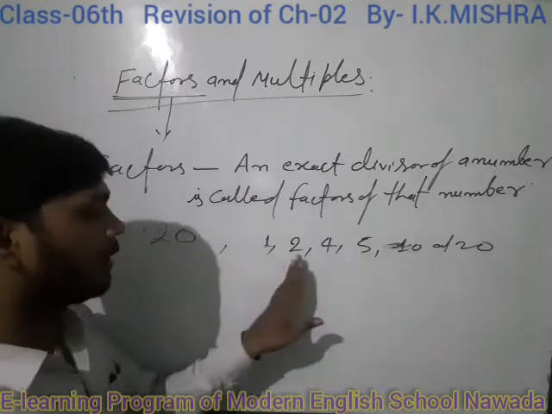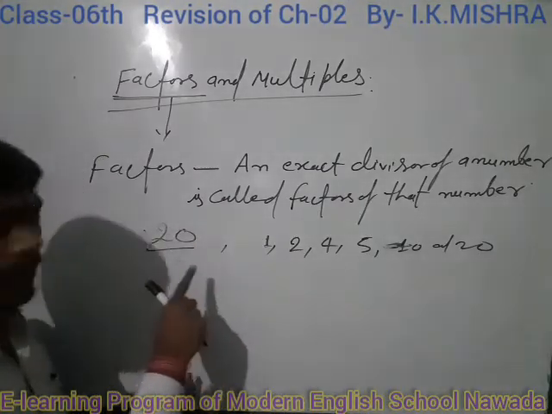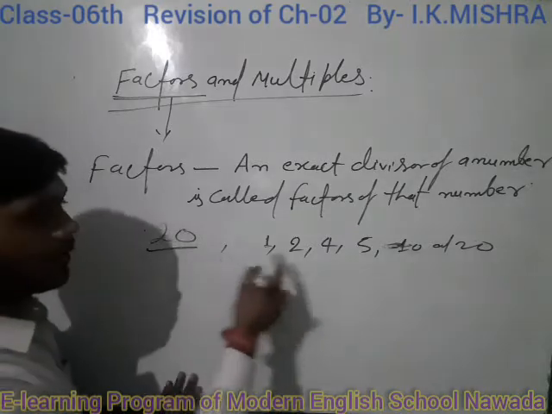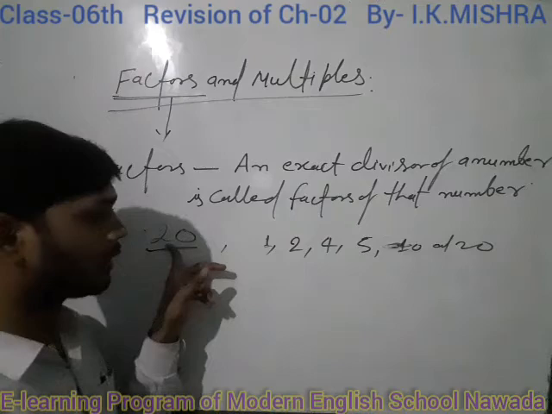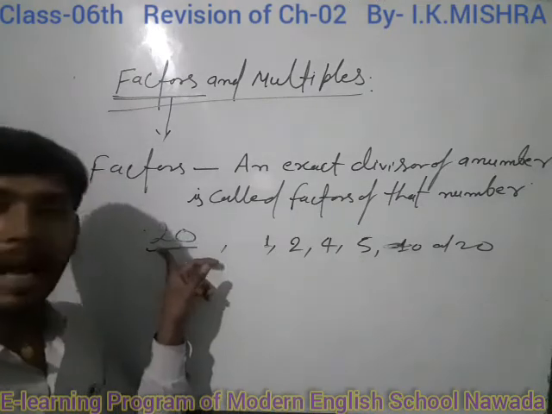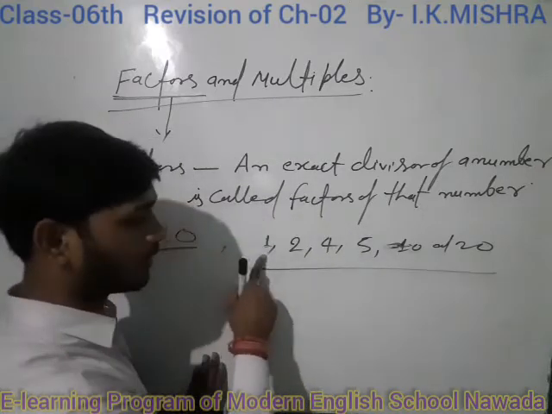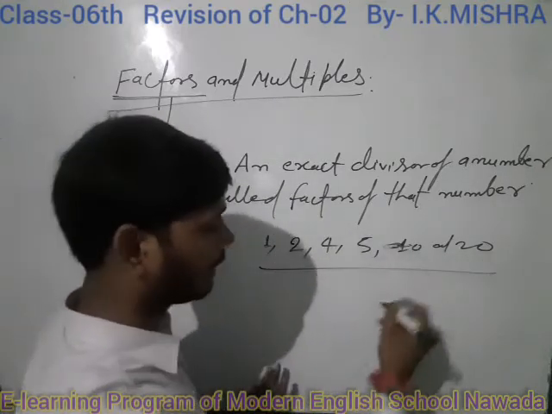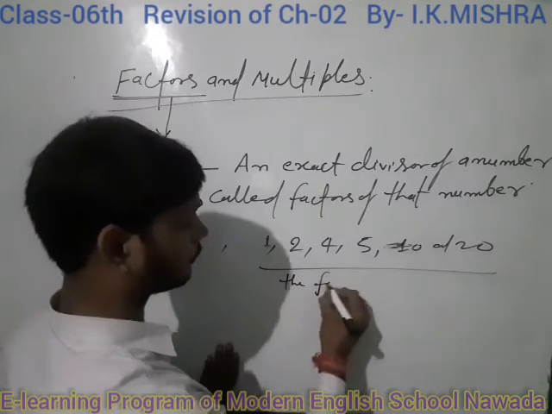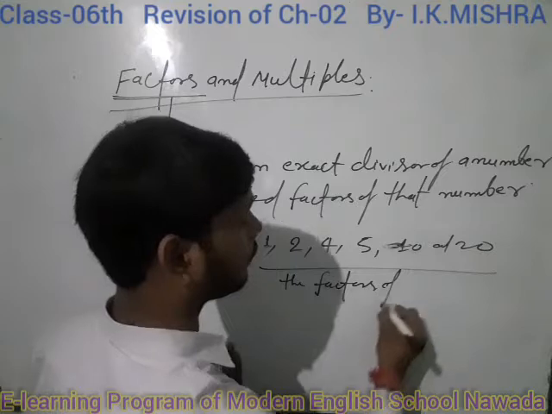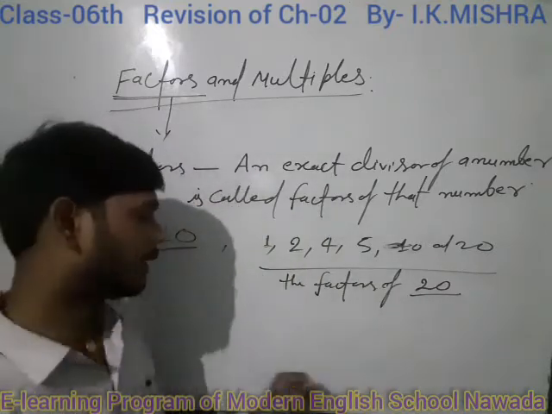When you divide 20 by 2, it will be exactly divisible. When you divide 20 by 4, it will be exactly divisible. When you divide 20 by 5, it will be exactly divisible. So students, all of these, that means 1, 2, 4, 5, 10, 20, are the factors of 20. Clear students?